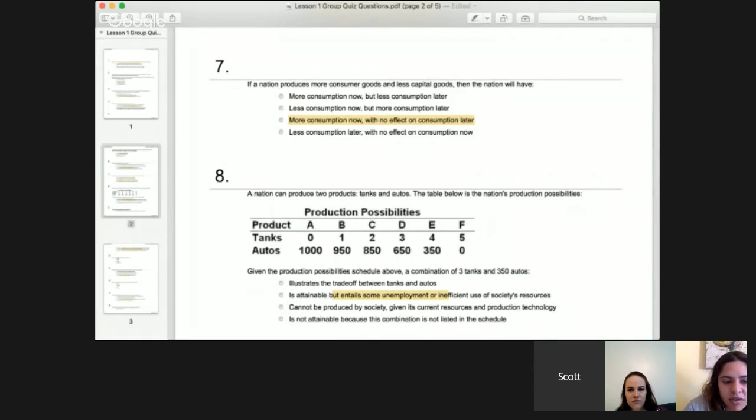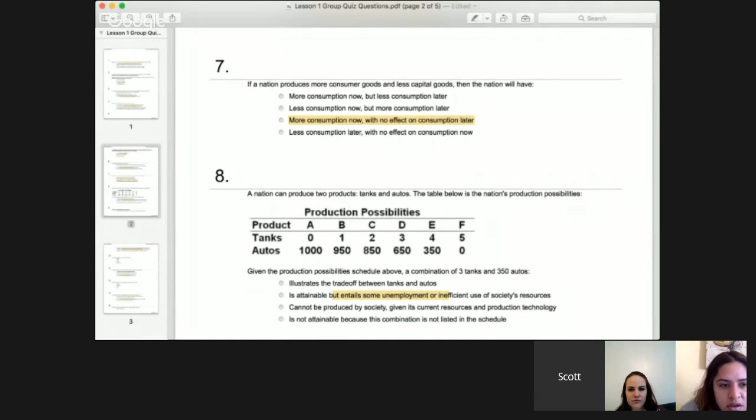I remember reading about it in the book, and I think it said something about how it doesn't matter because consumption is not going to have anything to do with capital goods in the future, but I don't know how to explain it. That's true. I was just thinking, if you invest in consumer goods, that doesn't really change your capacity to consume in the future.